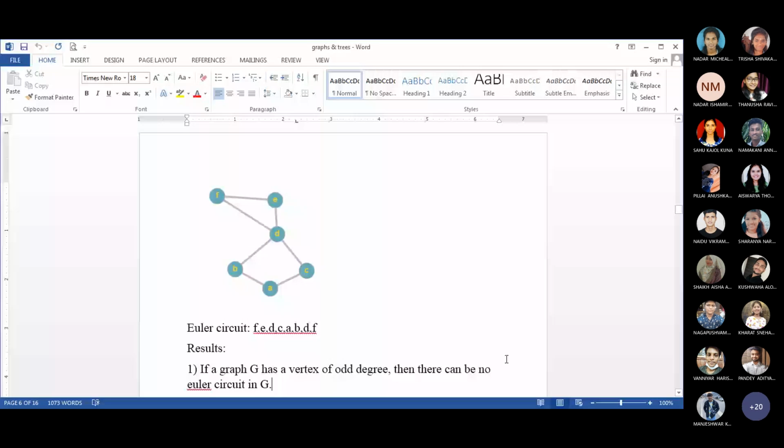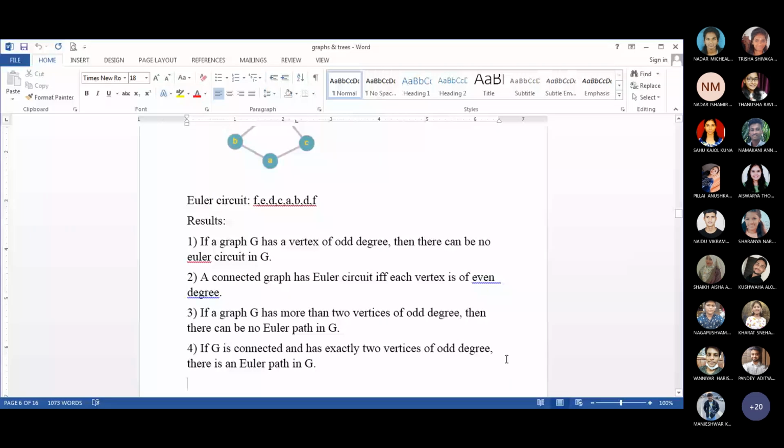Okay, so these four results are clear. I will repeat. If you have a vertex of odd degree, there cannot be a Euler circuit. Euler circuit is possible if and only if every vertex is of even degree. If you have more than two vertices of odd degree, then Euler path is not possible. You can have a Euler path provided you have exactly two vertices of odd degree.